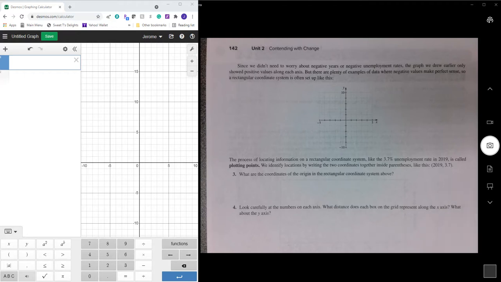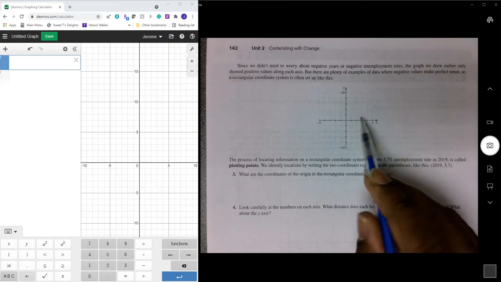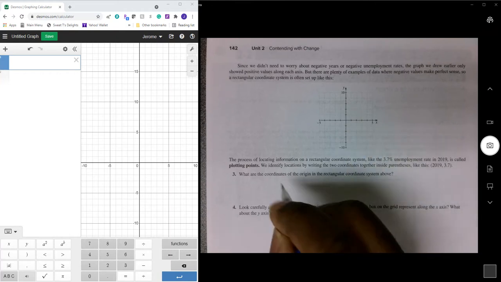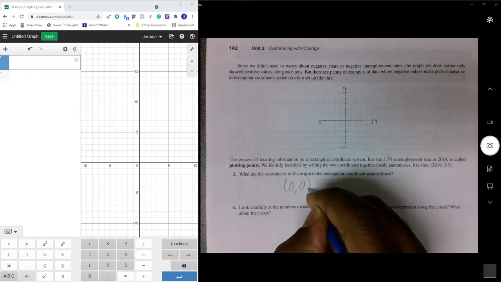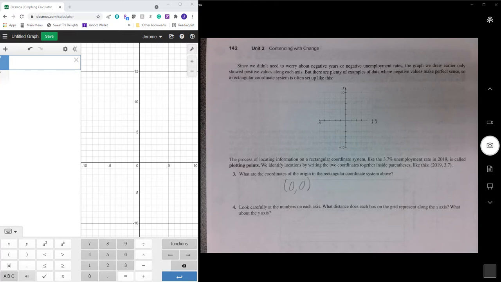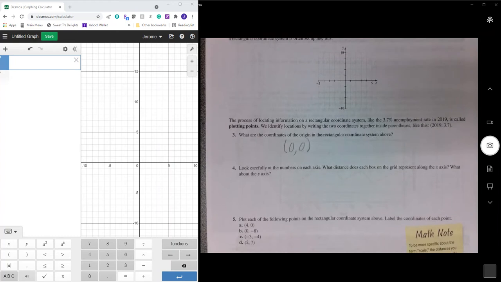What are the coordinates of the origin in the rectangular coordinate system above? The origin is always where the x and y axis meet, and that ordered pair is (0, 0), or the coordinate is (0, 0). Now, number 4, it says, look carefully at the numbers on each axis.